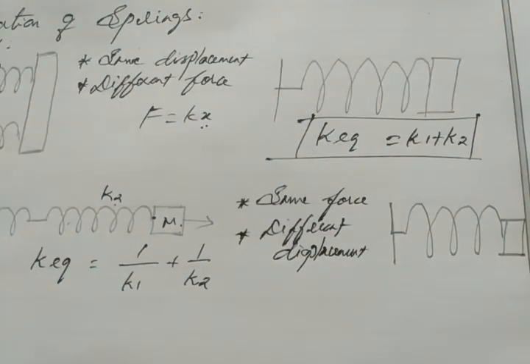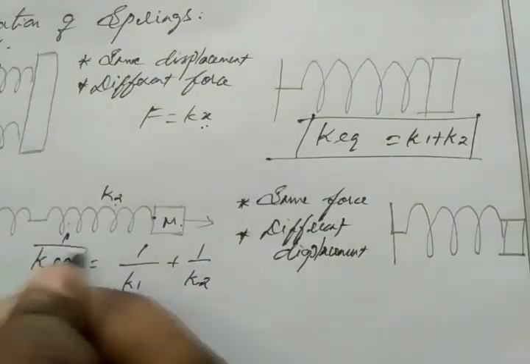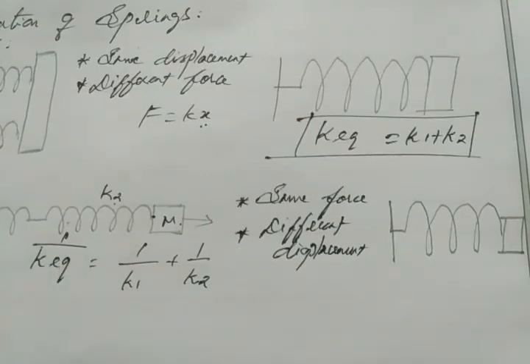Okay, the reciprocal of the sum of two spring constants, that is equal to 1 by K equivalent. Okay, 1 by K equivalent equal to 1 by K1 plus 1 by K2.